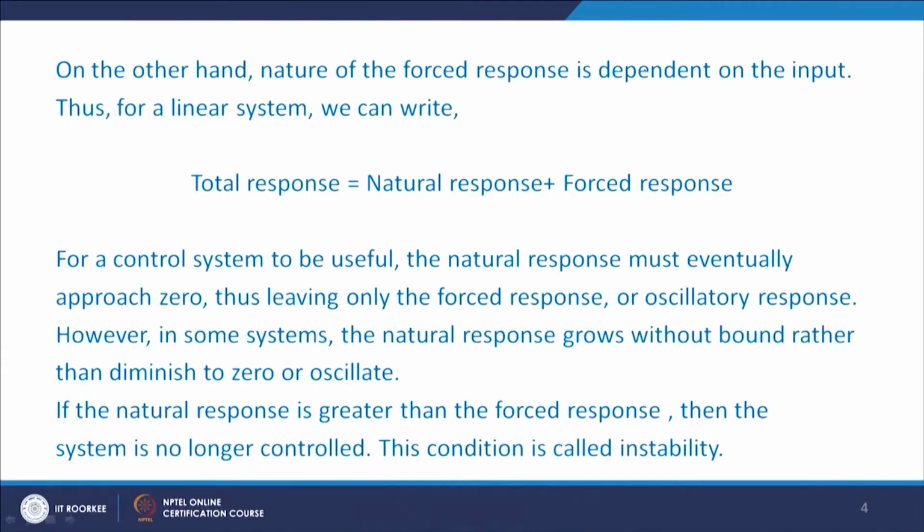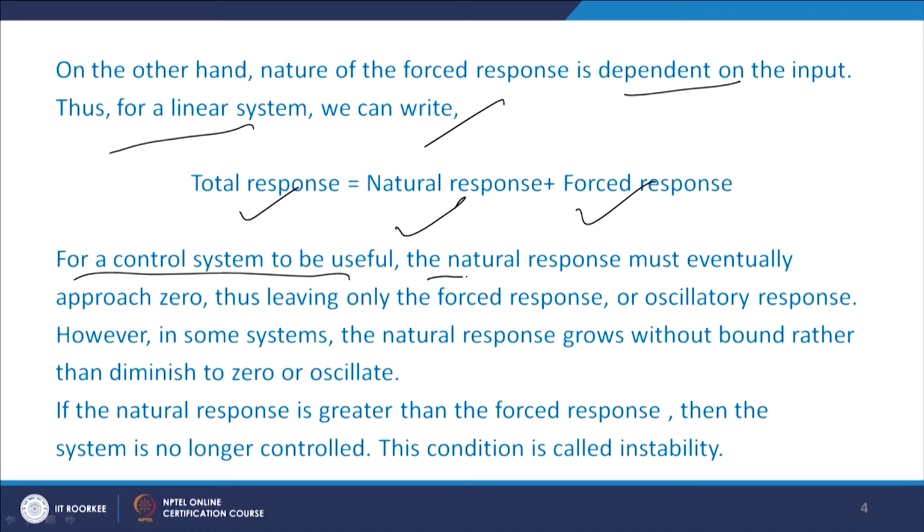On the other hand, the nature of the forced response is dependent on the input. Thus for a linear system we can write the total response equal to natural response plus forced response. For a control system to be useful, the natural response must eventually approach 0. In other words, it should vanish, leaving only the forced response or some sort of oscillatory response.